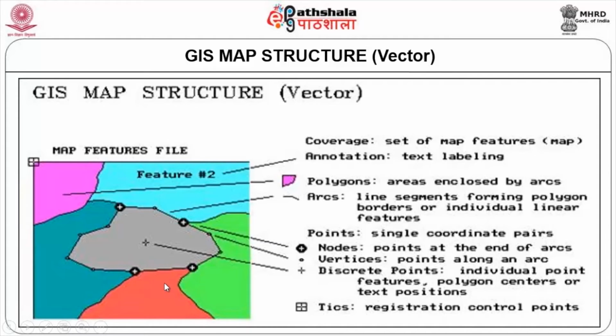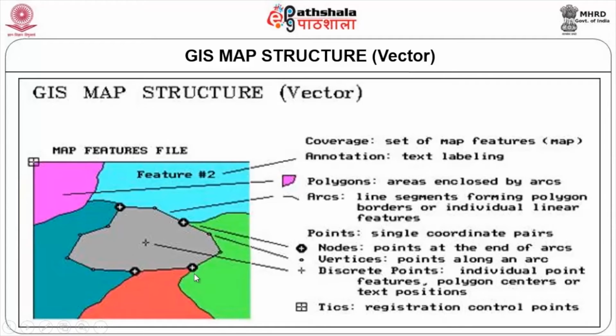This is what I have been telling you. When there is a change in direction of the linear aspect, then a vertex is introduced. Node, vertex 1, vertex 2, node, and this is straight. And you see here there are so many vertices in between this node and this node. So, this is what you have to remember in mind. So, all the details are given in this particular drawing.